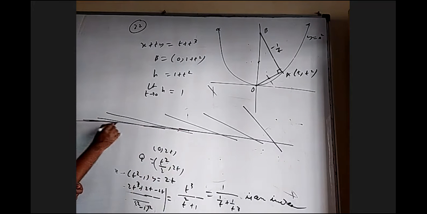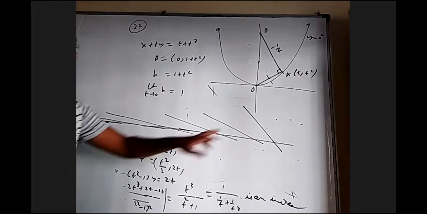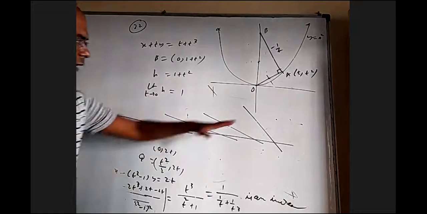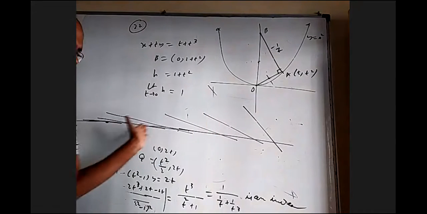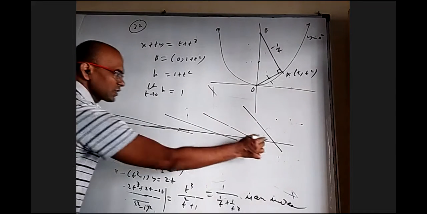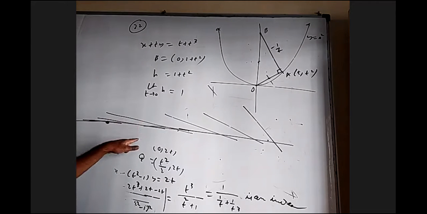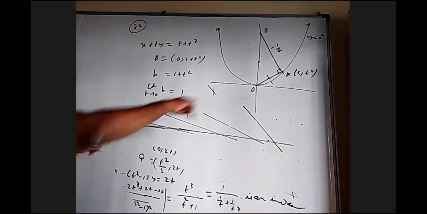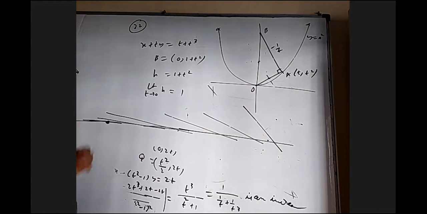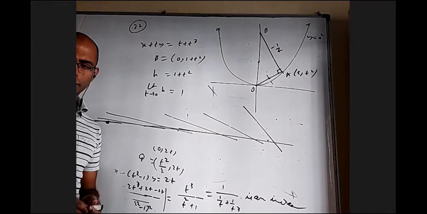And finally, it became this line. So this is my variable line. As this variable line is bending and coming here, the point of intersection is also moving. Let us say the limiting point is somewhere here. Finally, this line became parallel to this line, but that doesn't mean the point of intersection went to infinity. The point of intersection is here. Understand? Somewhat like that.